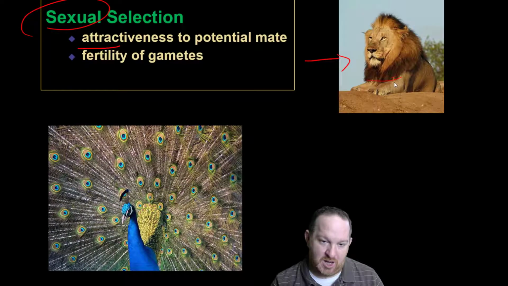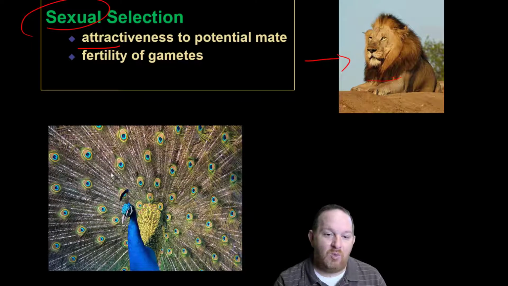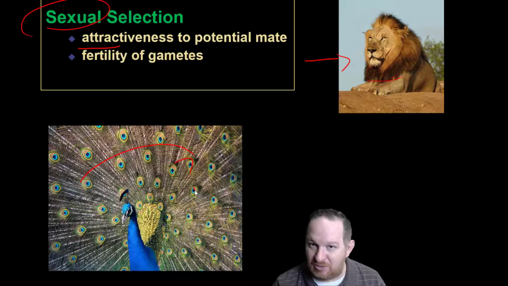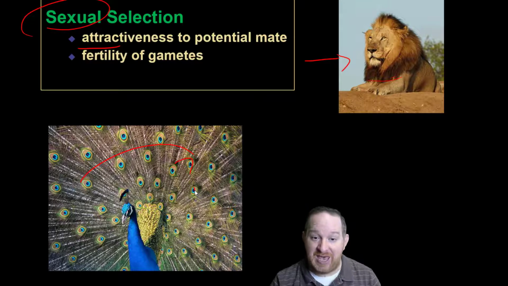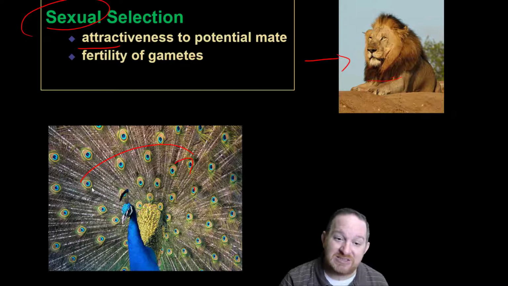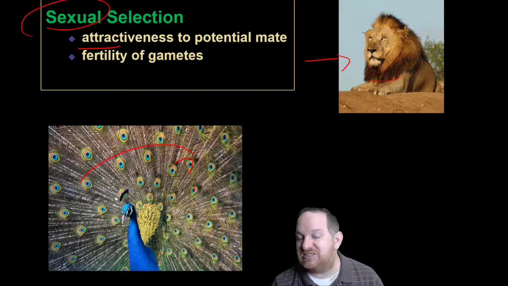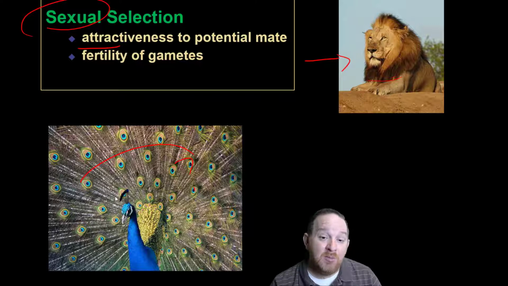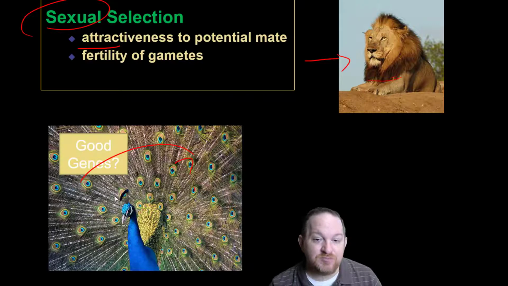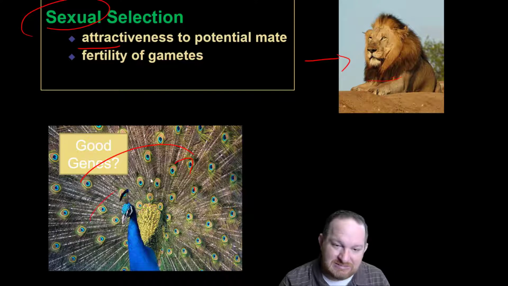And then, of course, the peacock. What is all of this about? That seems really extra, if you think about it. But over time, the peahens have come to prefer the peacocks with these elaborate displays. But there's really a trade-off here. Does this mean this peacock has good genes?